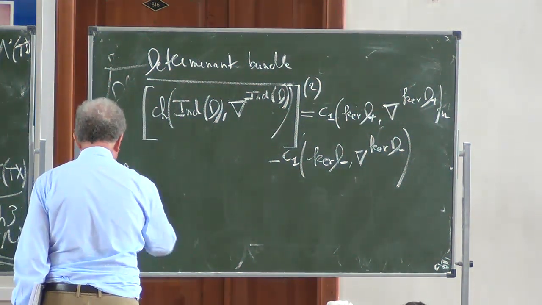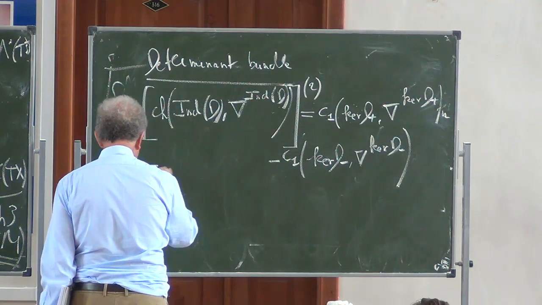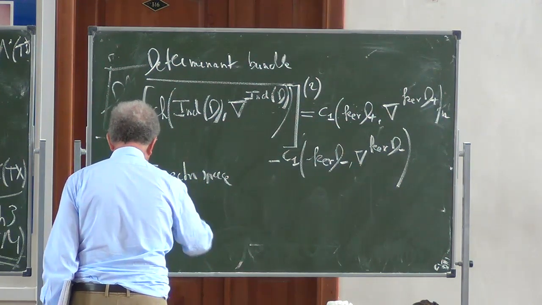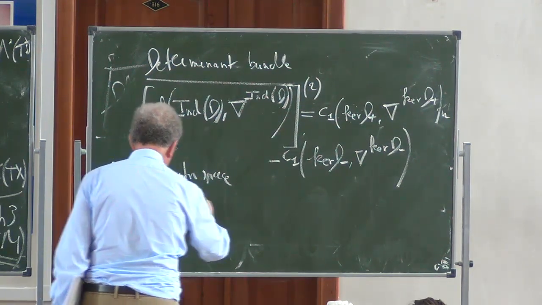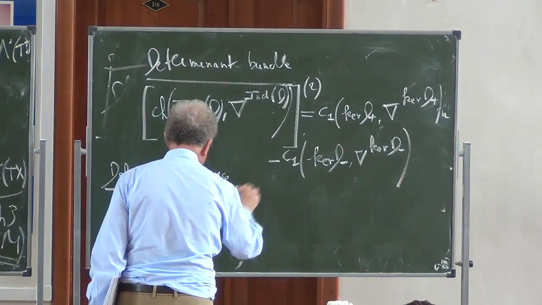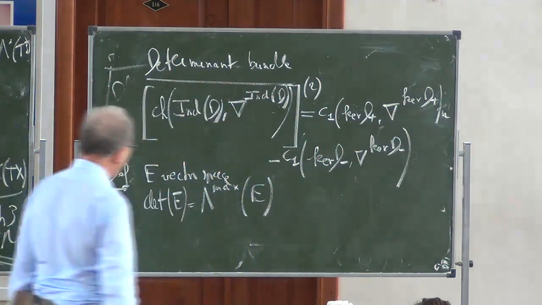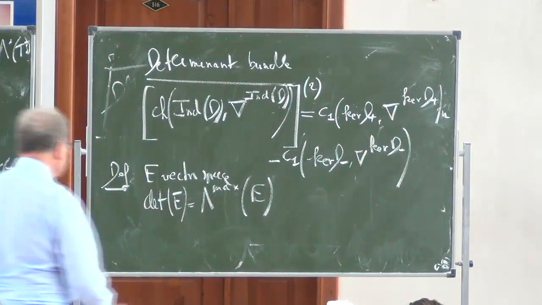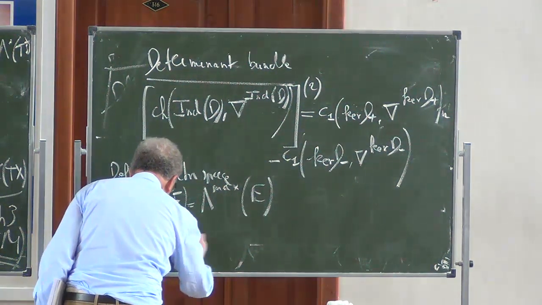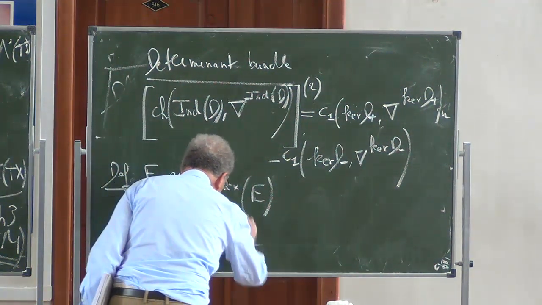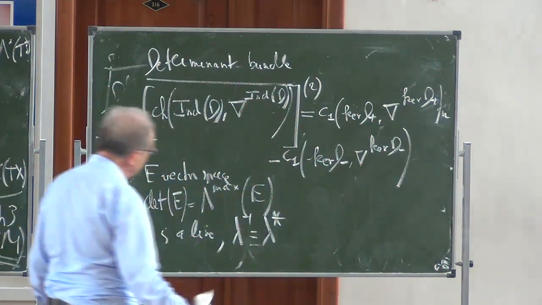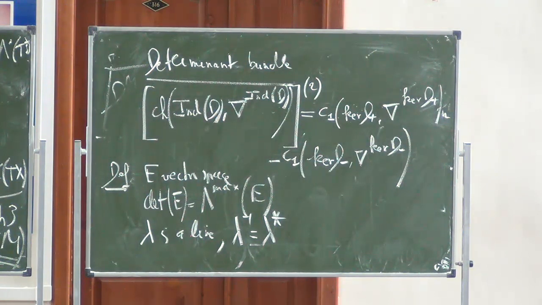Definition. If E is a vector space, we define det of E to be its top exterior power, lambda max of E, which is a line. If lambda is a complex line, lambda minus 1 is the dual line. On the category of lines, there is an obvious tensor product.